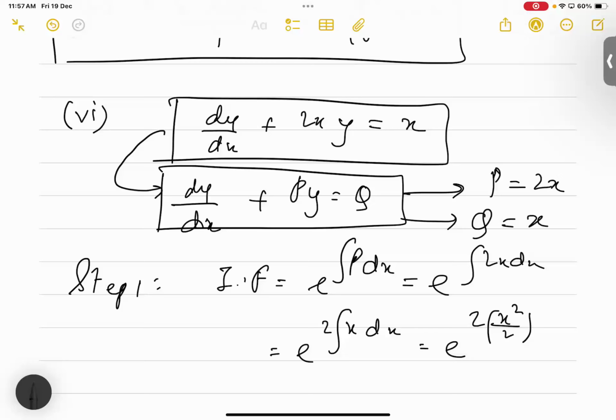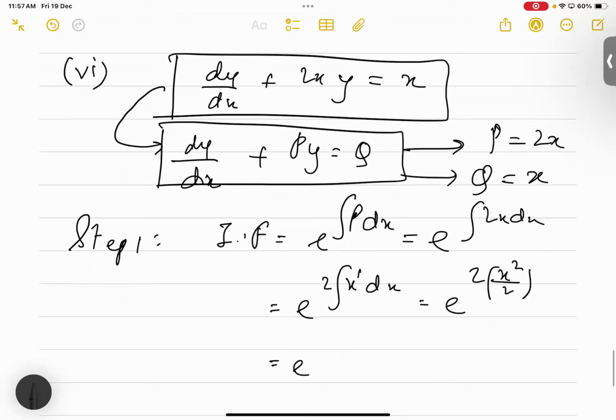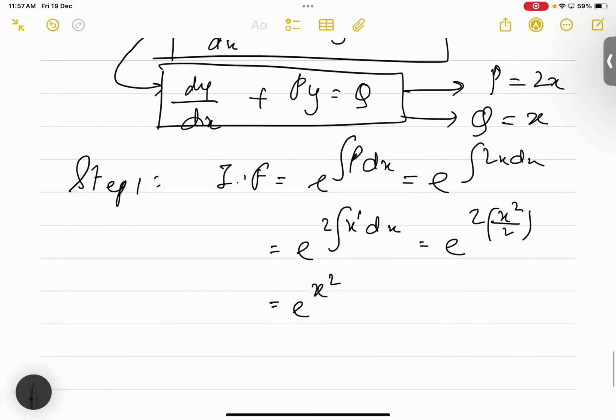Hey guys, do you know the integration of x is x square by 2? How? x raised to 1. Fine? e raised to x square.